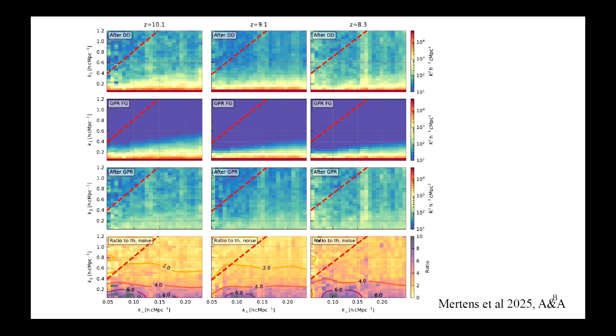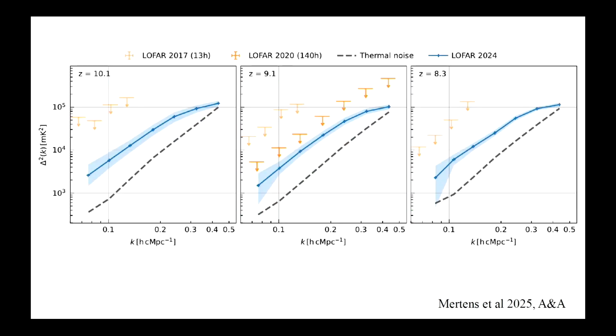For an ideal case, this is supposed to be just signal plus noise, but there are still some systematics left, and as you can see in some regions the signal to noise ratio is above 1, which is saying that still some systematics are left. But the point is that in this particular plot I am showing the recent LOFAR results at 3 redshift bins.